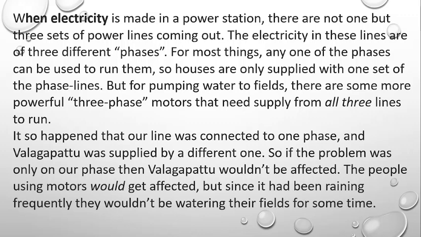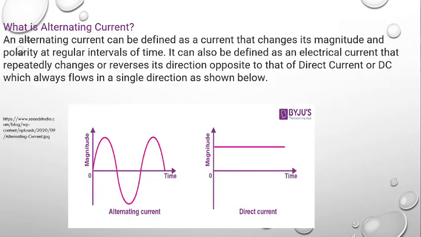It so happened that our line was connected to one phase, and this village was supplied by a different one. So if the problem was only in our phase, then this village wouldn't be affected. The people using motors would get affected, but since it had been raining frequently, they wouldn't be watering their fields for some time.